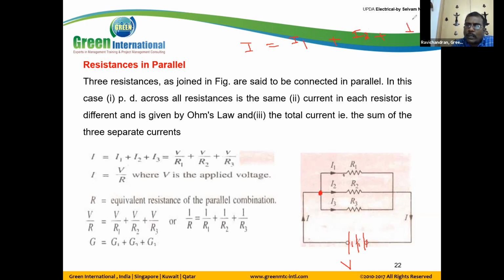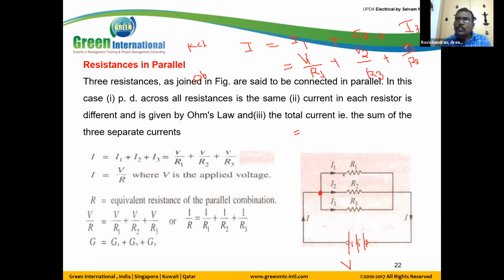How to find the current? I1 is equal to V1 by R1 by using Ohm's law. This is Kirchhoff's current law, then by using Ohm's law, I is equal to V1 by R1 plus V2 by R2 plus V3 by R3. In the parallel circuit, the voltage becomes the same.